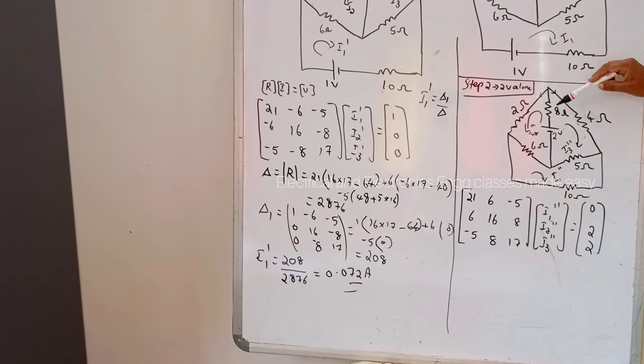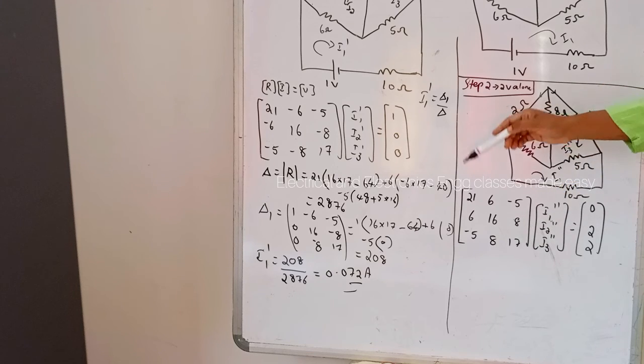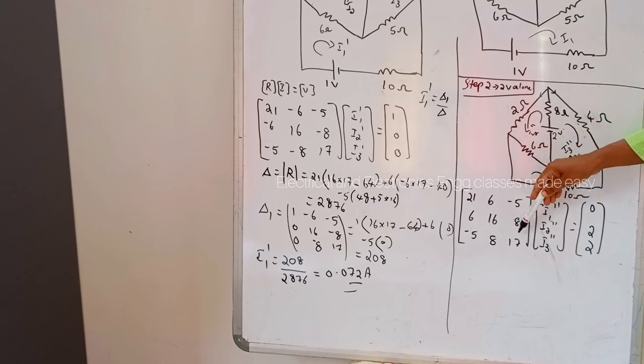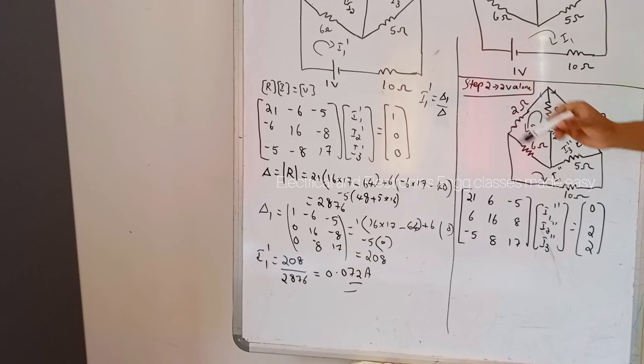Then between the second loop and third loop, this is 8 ohm and the current directions are the same, that is I2 double dash and I3 double dash in the same direction. So this is plus 8, and the self resistances are the same as in the above case. So this is the matrix form, and this is I1 double dash, I2 double dash and I3 double dash equal to: in the first loop there is no voltage source, so 0.